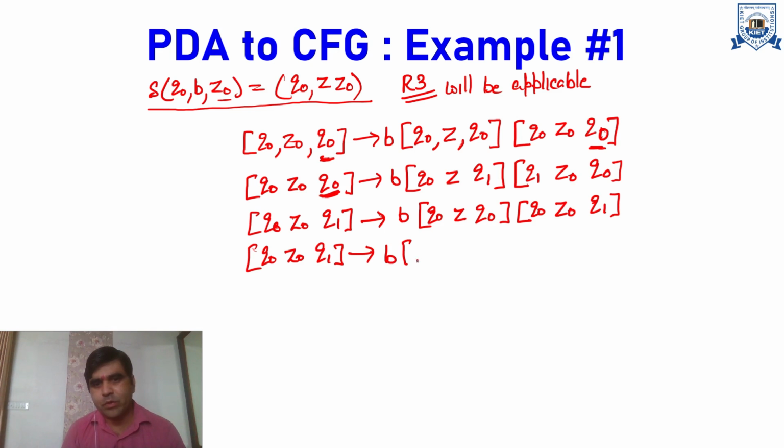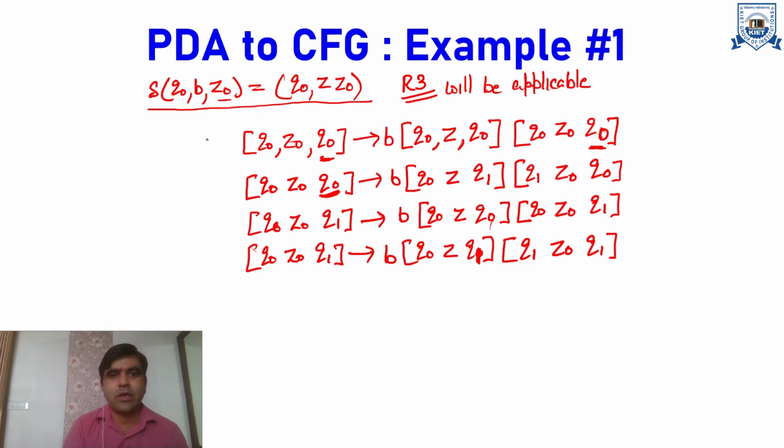B, because we are having Q naught, Z, Q naught here, and Q naught, Z, Q naught. Q naught case is already considered, so it will be Q1, Q naught, Z, Q1, then it is Q1, Z naught and Q1. Now see, these are all combinations. Let me call this production rule number 3, this is production rule number 4, production rule number 5, and production rule number 6.